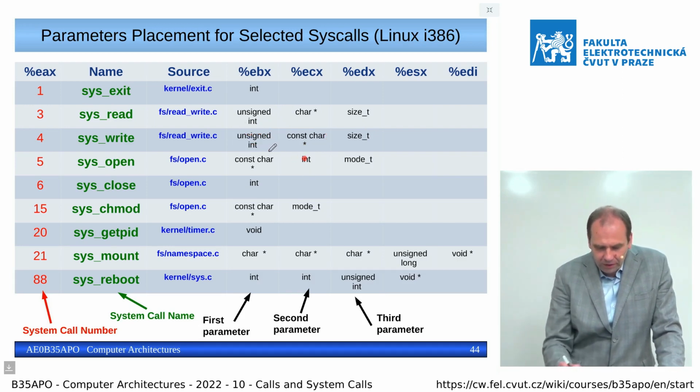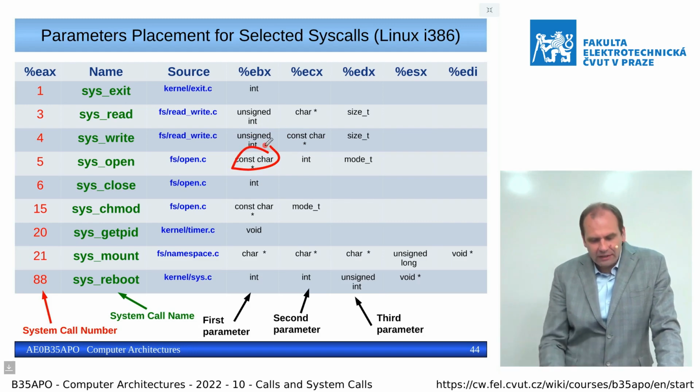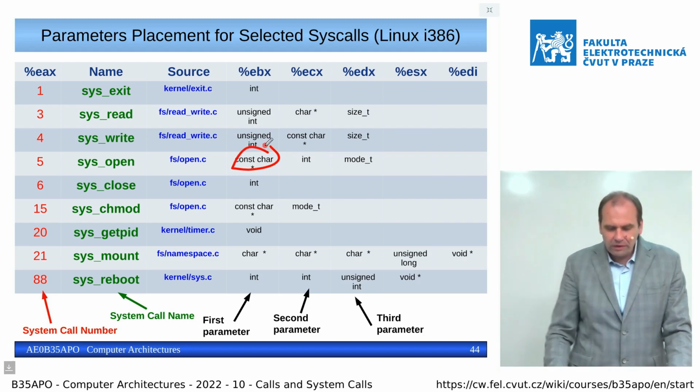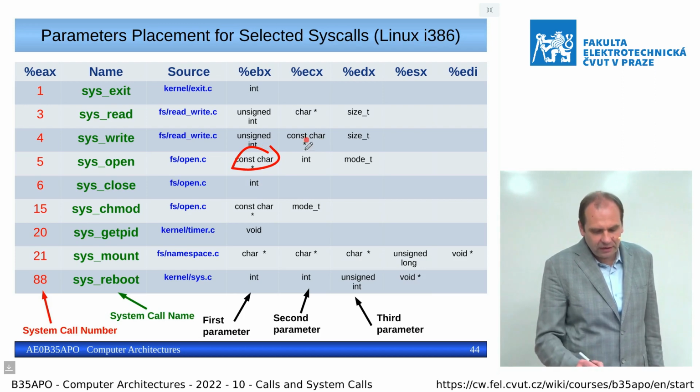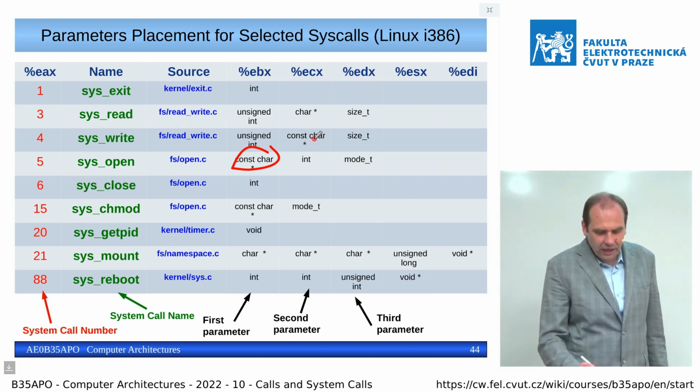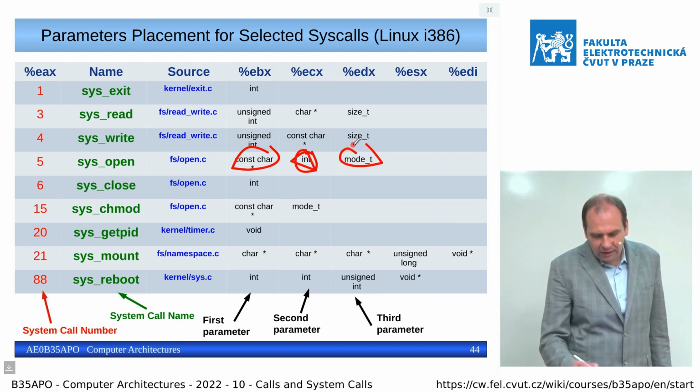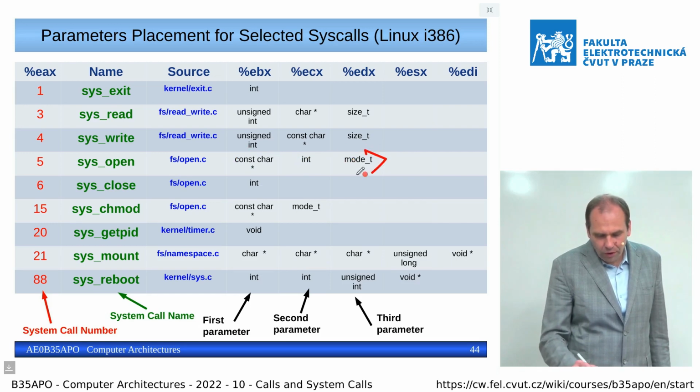For the open, you provide the address of a 0 terminated string or sequence of characters, which is the file name, then the mode, whether it is read-write and so on, and the mode for the creation of the new file.